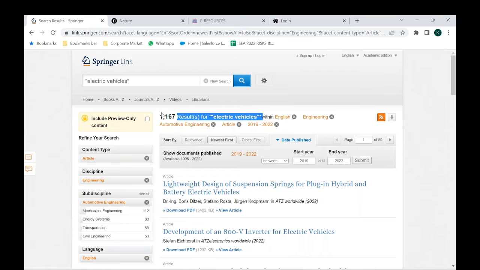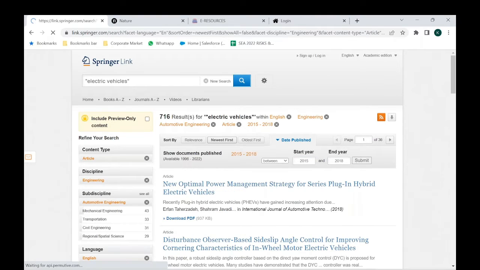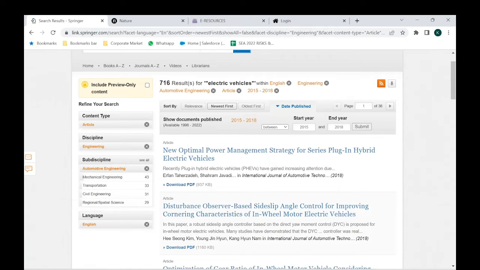I can find that the majority of the discoveries for these criteria are more prevalent, as opposed to, let's say, between 2015 and 2018, where you can see the results are much fewer. So in a way, this gives me the idea that research about this particular area has only really picked up in the last few years.